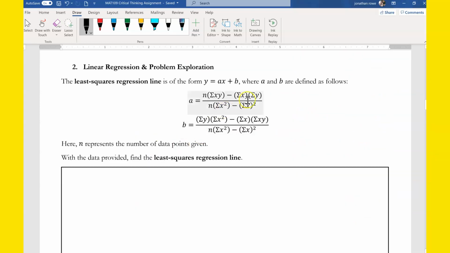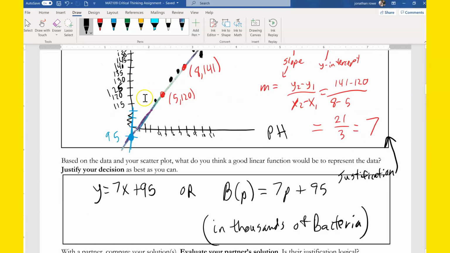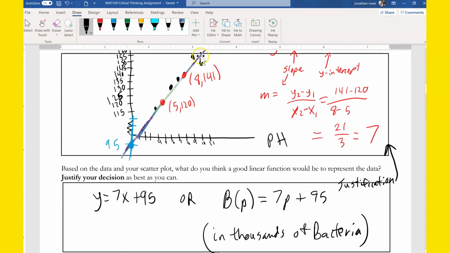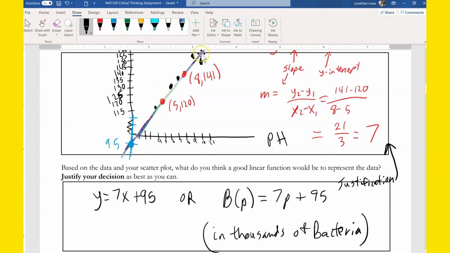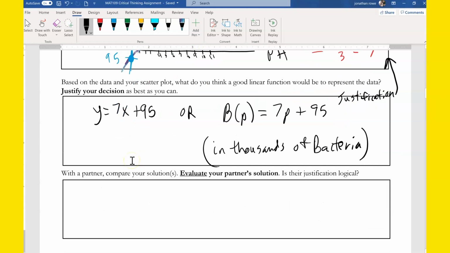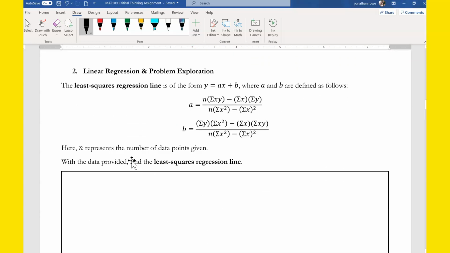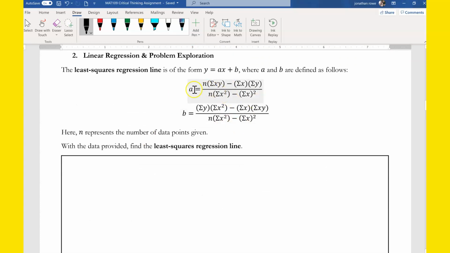This is a mathematical formula that minimizes the error, minimizes the distance between the points and the line. It finds the optimum line to minimize the sum of all these distances. So this is a formula that does that.